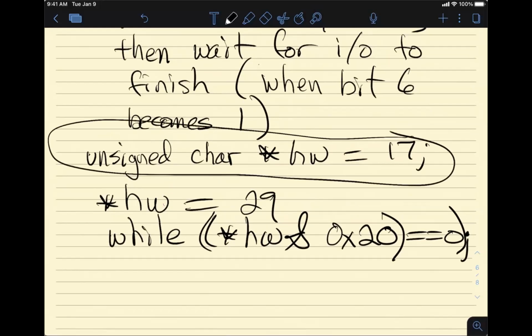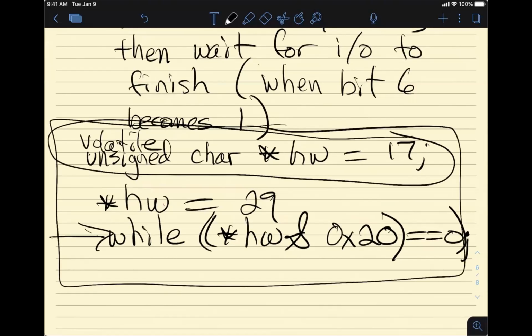So the only way to keep this code in your optimized executable is to put the word volatile here, meaning, once again, optimizer, don't mess with this variable because there's something going on that you're not aware of. Namely, the variable actually corresponds to a piece of hardware that the optimizer has no knowledge of. So this is the most common case of where volatile would be used.